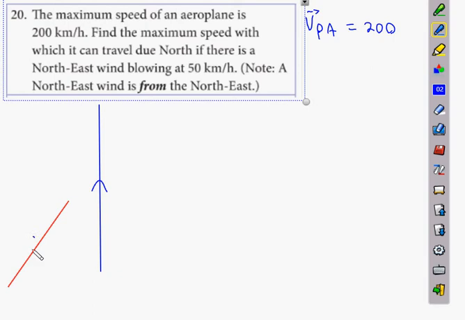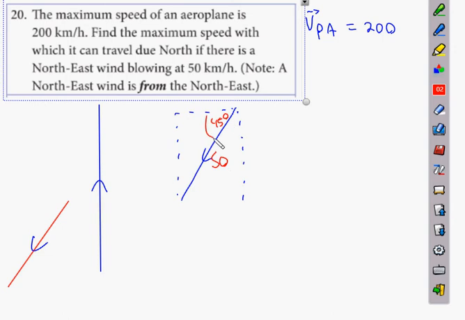Okay, so what we have here is a problem. The southwest wind has two components. Would everybody be happy that it has two components? It's going at 45 degrees. Everybody happy enough with that?